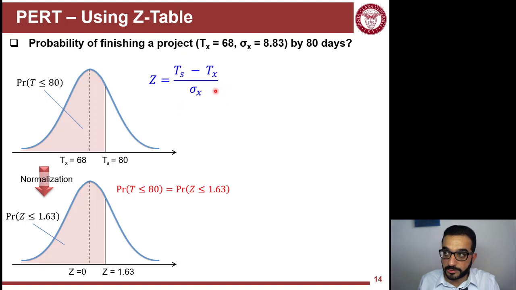Very simple formula. A z for any value in the normal distribution will be equal to this value minus the mean divided by the sigma. The value I'm interested in is the deadline, 80. So 80 minus the mean 68 divided by the standard deviation 8.83. That will mean that z that corresponds to my deadline is 1.63. This is why we ended up here with 1.63.